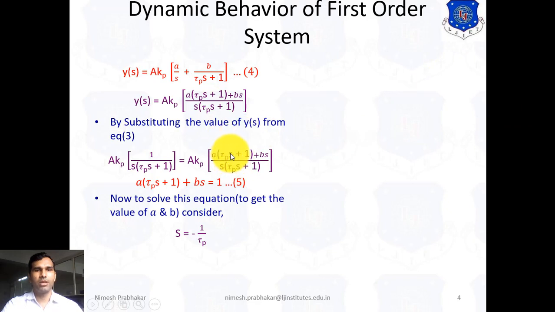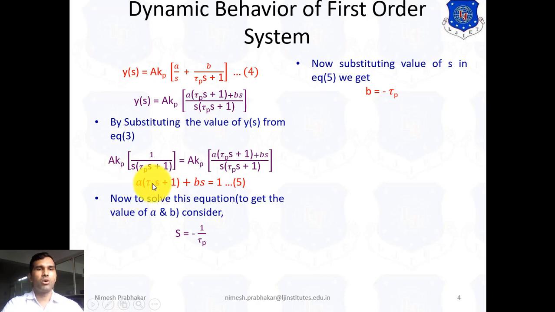Substituting this value of s in equation number 5, we get B is equal to minus tau p, because here we put minus 1 upon tau p, so the tau p is cancelled and we get minus 1.